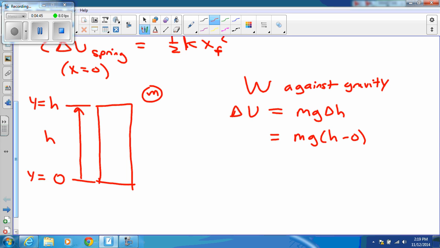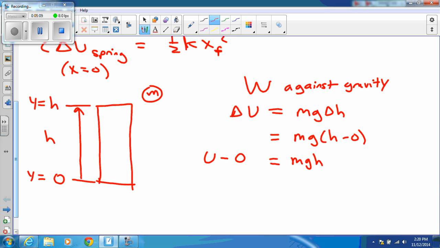Since delta h is final minus initial, or h minus 0, the change in potential energy from 0 is mgh. And we're going to arbitrarily assign that when you are at the 0 point, your potential energy is 0.